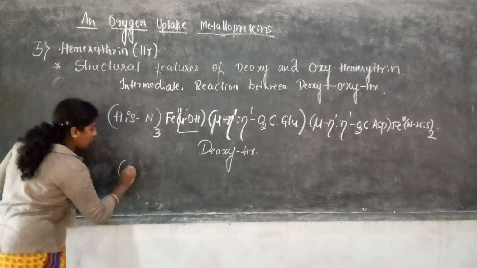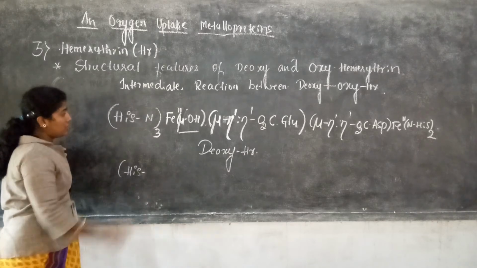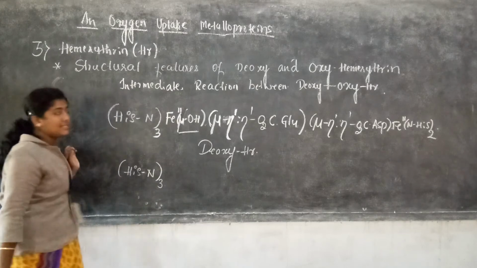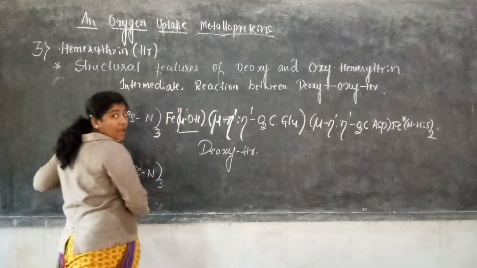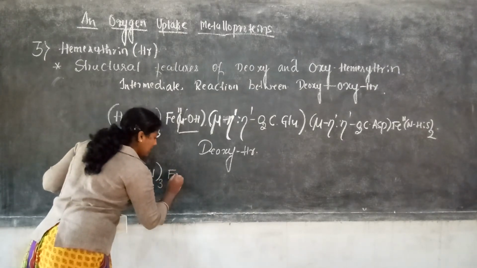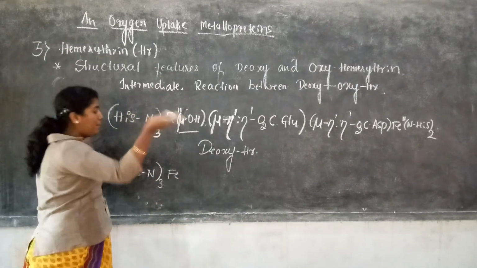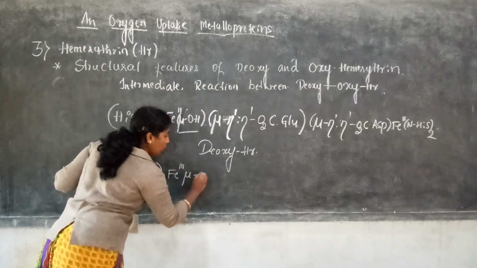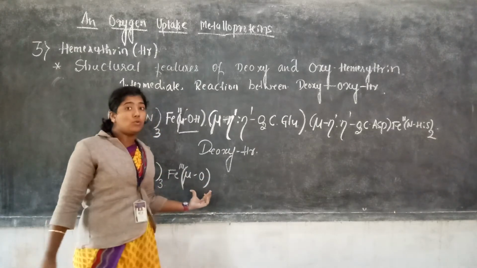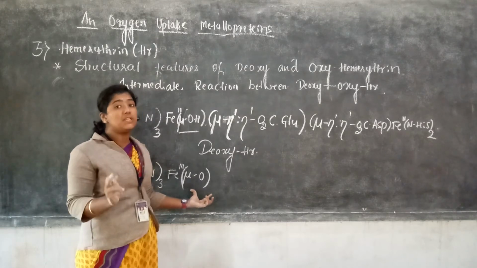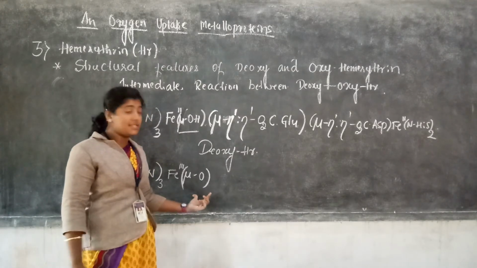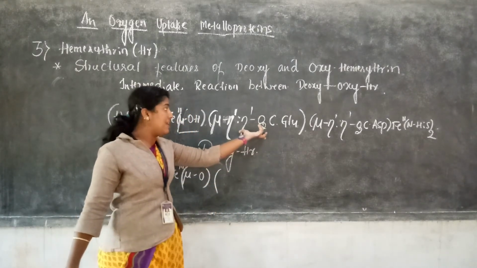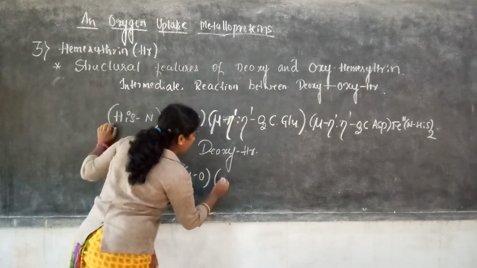So three sites are coordinated to histidine twice, and the iron center is converted from +2 to +3, Fe3, then mu-O. Here only oxygen acts as a bridging ligand between both iron centers, and the carboxylate groups remain as in the deoxy form of hemerythrin.